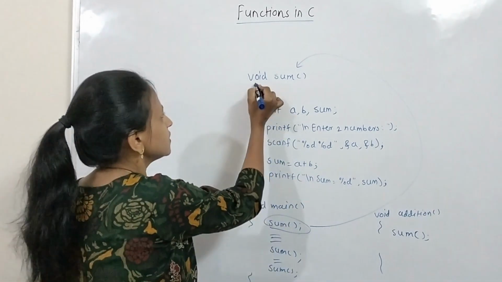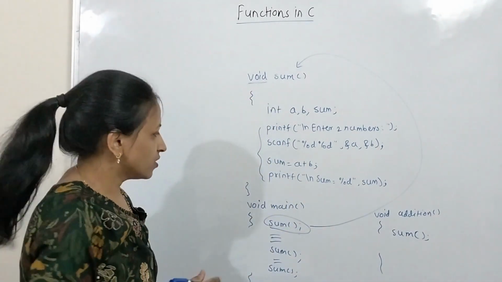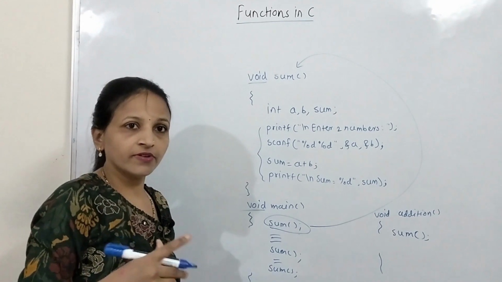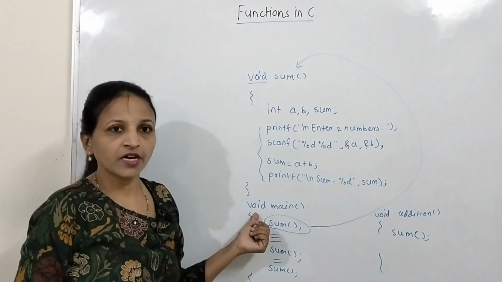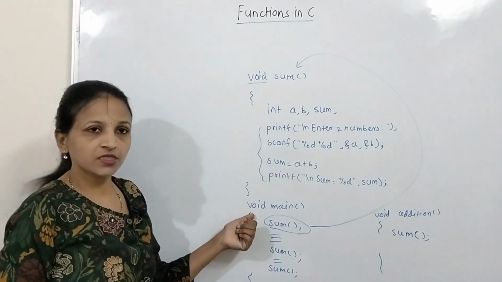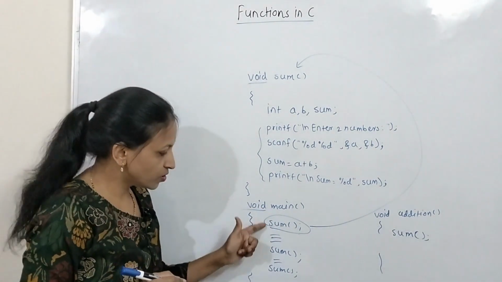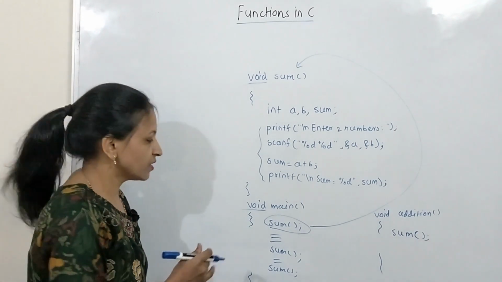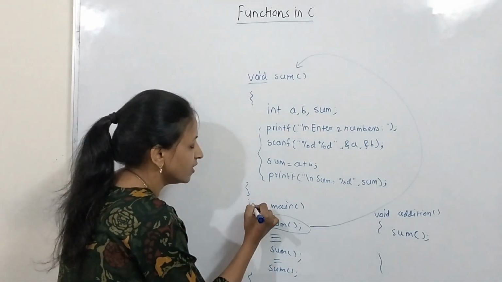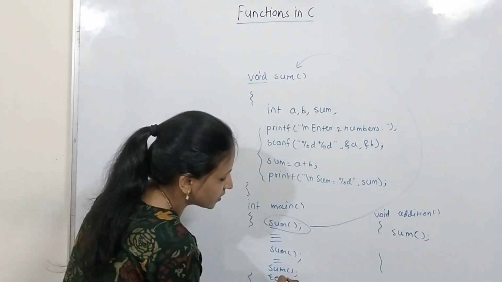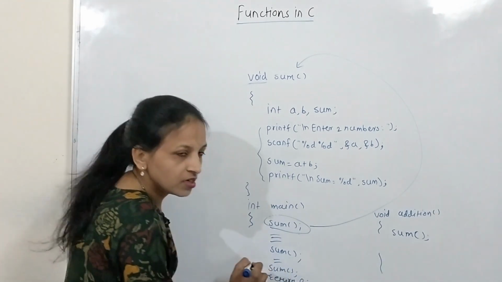Now what is this void I have written here? In main also we always write void or int. I have already discussed this in previous sessions: if you are writing void then there is no need to return anything from this function, but if you are writing int here then you have to write the return 0 statement at the end.